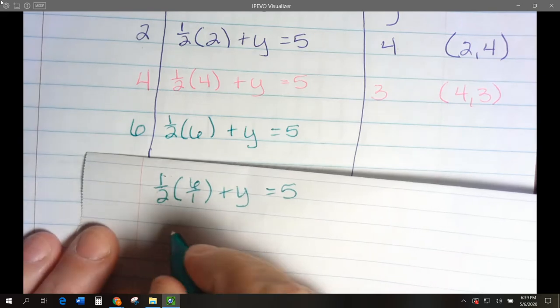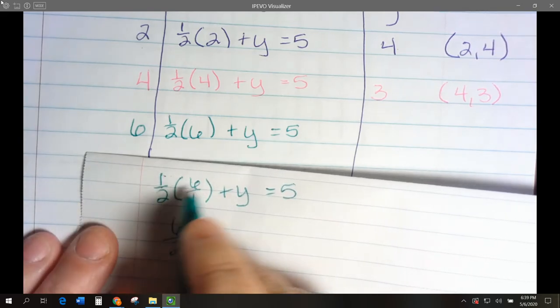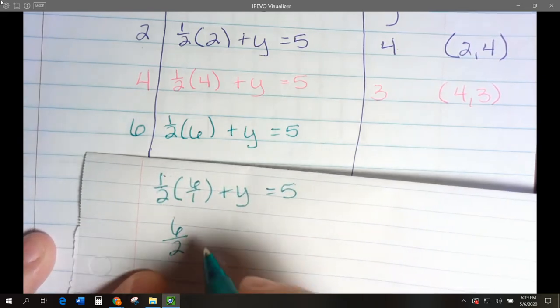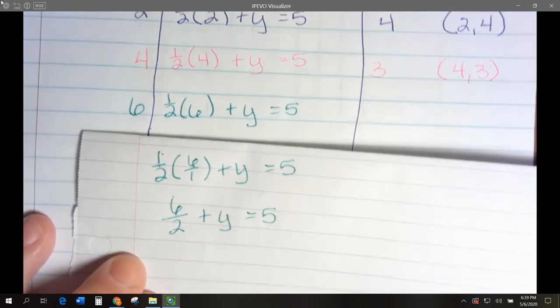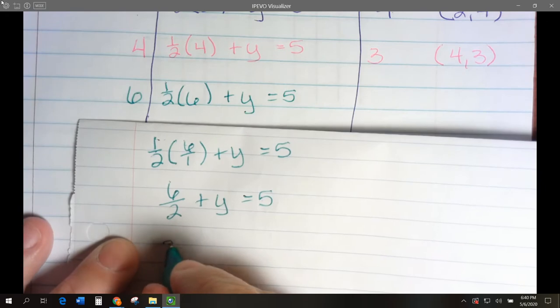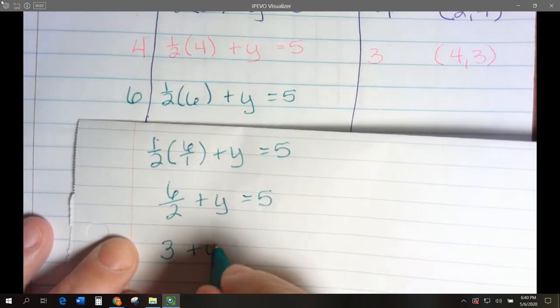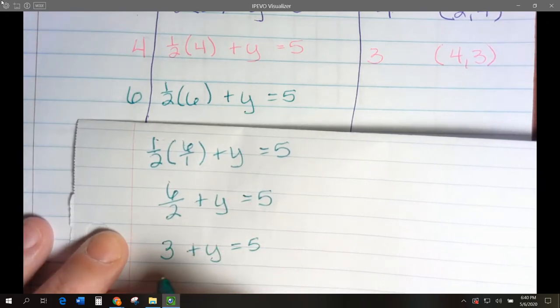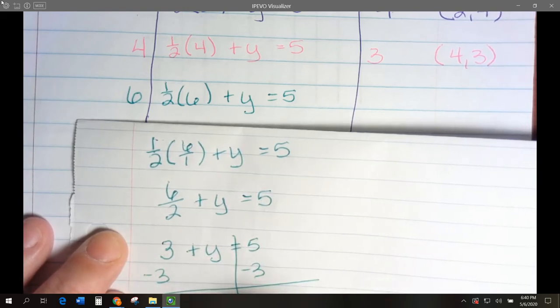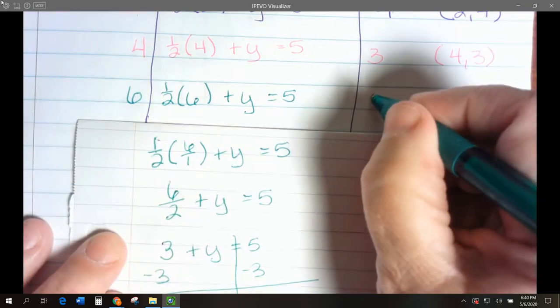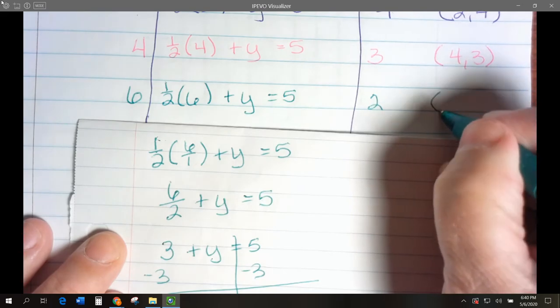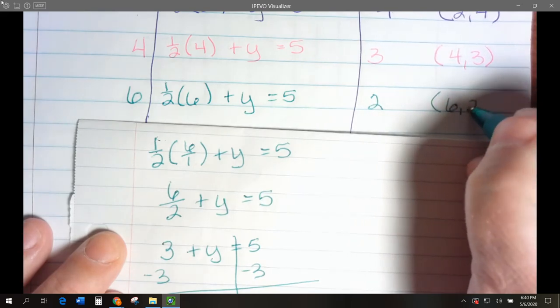This is going to end up being 6 over 2 when we multiply across, plus Y equals 5. 6 divided by 2 is 3, plus Y equals 5. Subtract 3 from both sides, and we get Y equals 2. So when X is 6, Y is 2, and our coordinate pair is 6, 2.